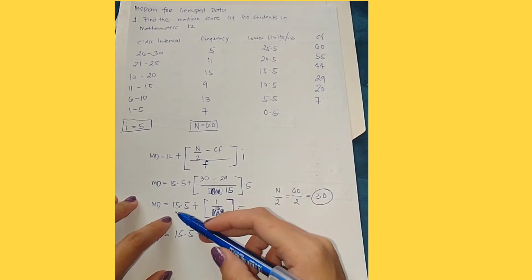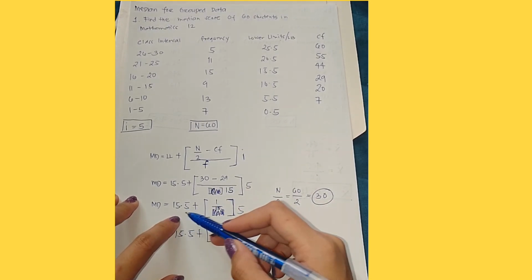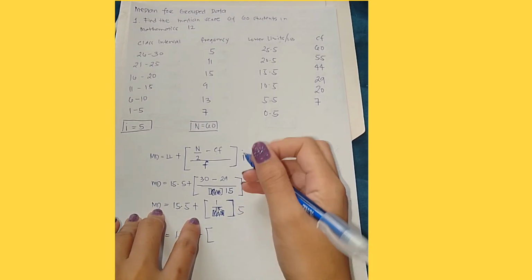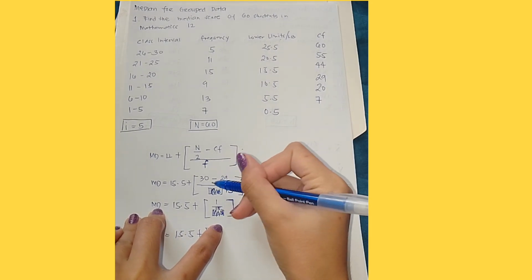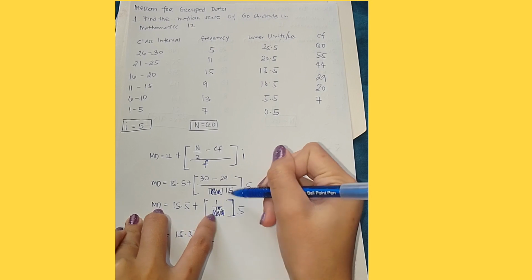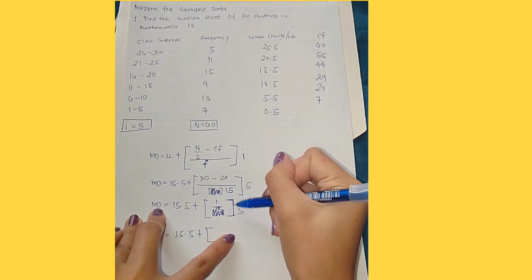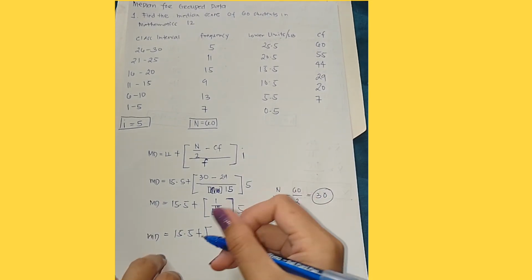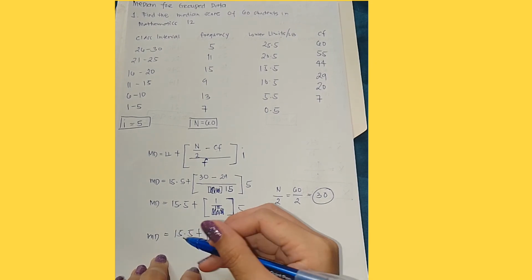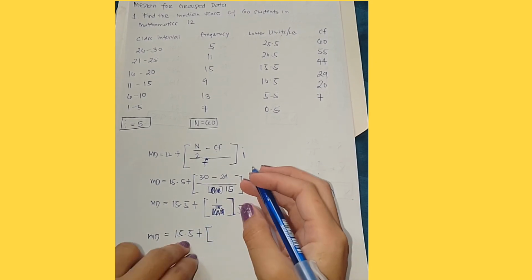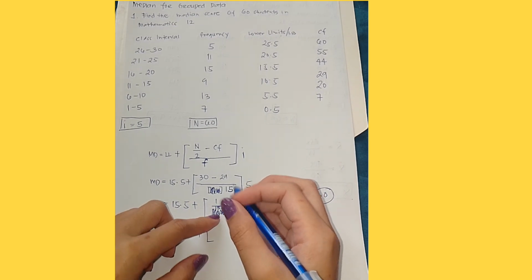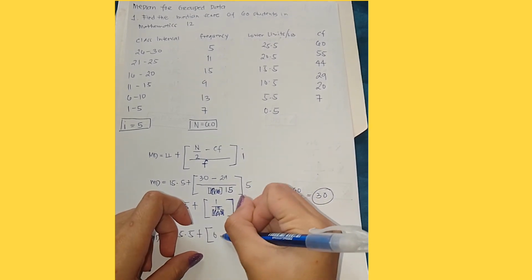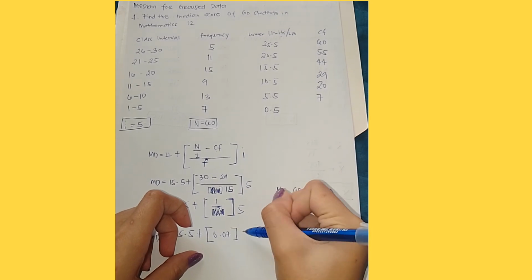So, MD is equal to 15.5 plus 1 over 15. This becomes 1 since 30 minus 29 is equal to 1. Then copy the frequency times 5. So, MD is equal to 15.5 plus 1 divided by 15, which is 0.07, times 5.